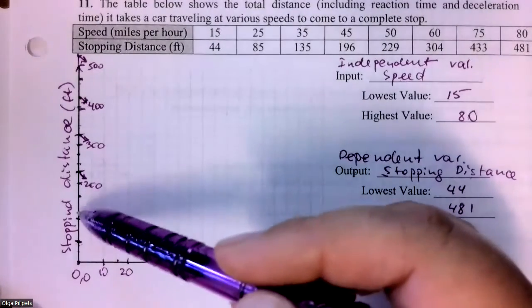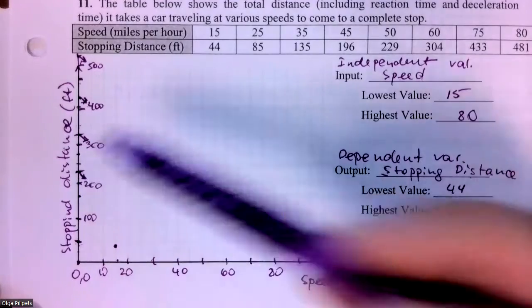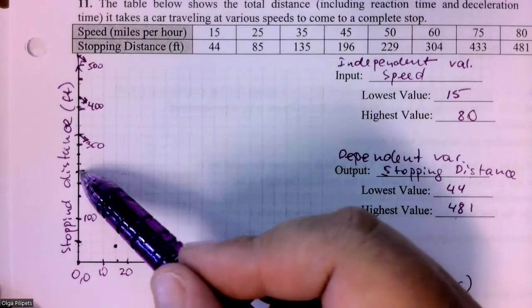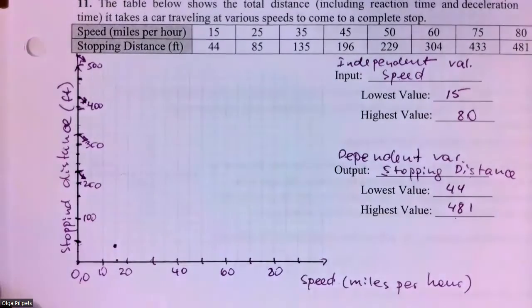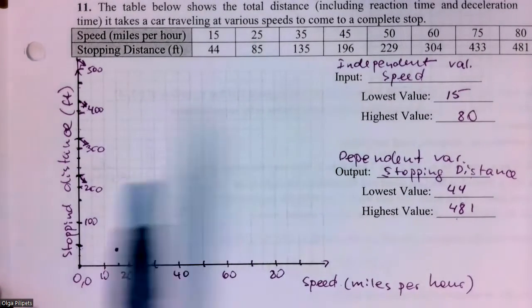I had to move all my numbers up a little bit because I skipped a portion right here. I marked the 200 wrong. It should be here. So everything kind of moved up.